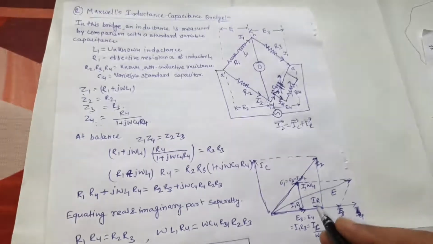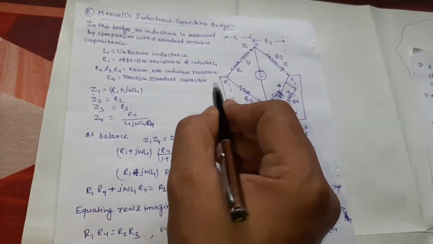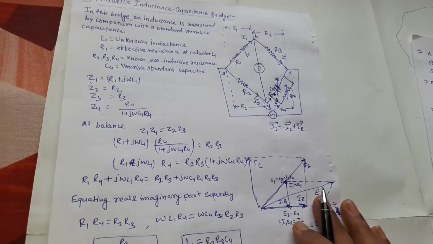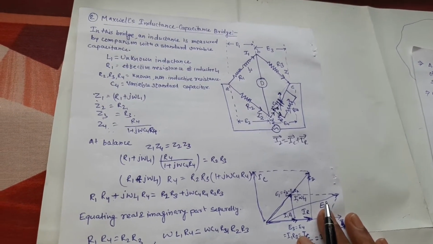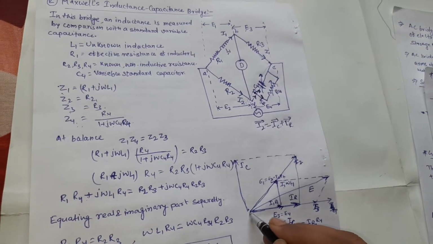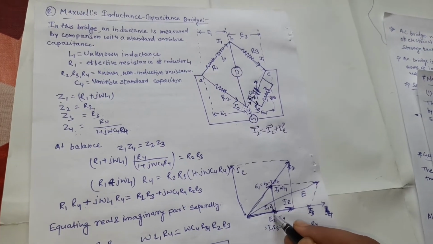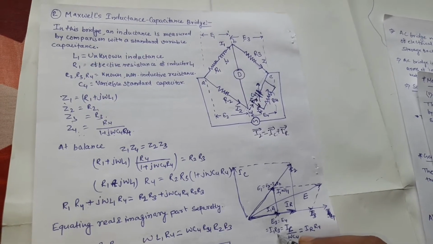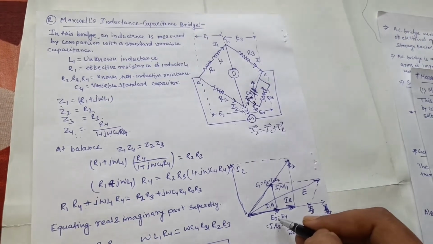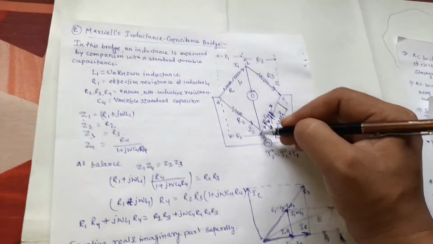Okay. Now next is E3. So E3 is equal to I1 into R3, and at balance condition E3 is equal to E4.